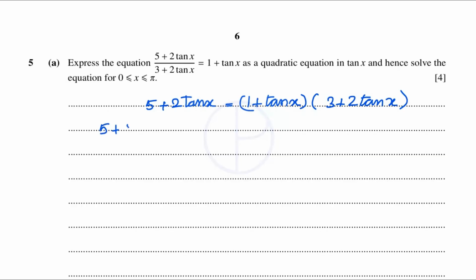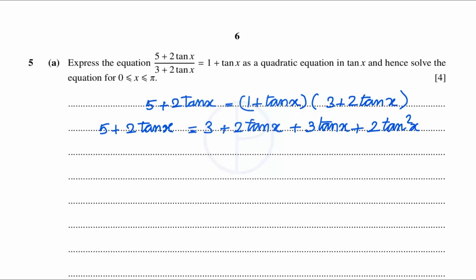Let's expand the brackets. 1 times 3 is 3, 1 times 2 tan x is 2 tan x, plus tan x times 3 is 3 tan x, tan x times 2 tan x is 2 tan square x.